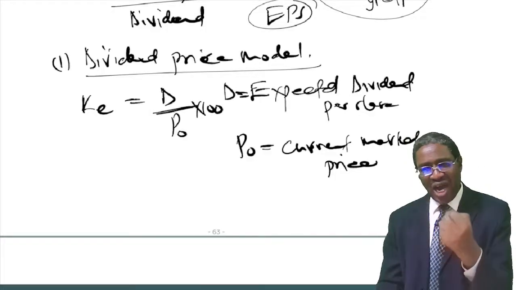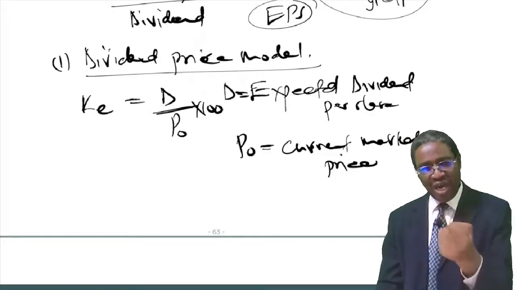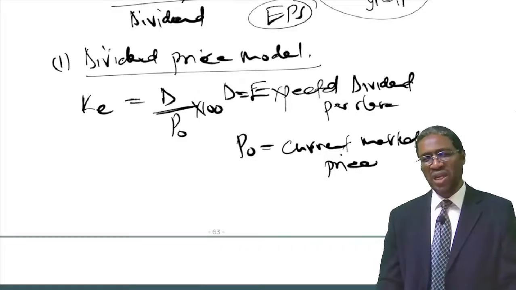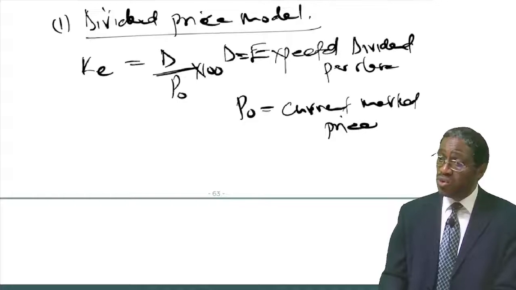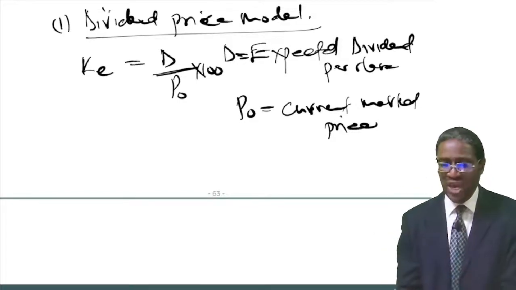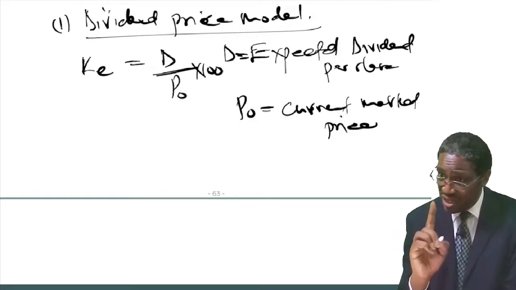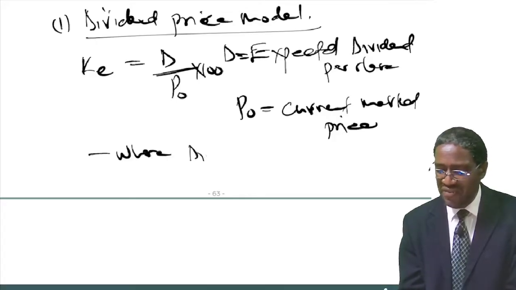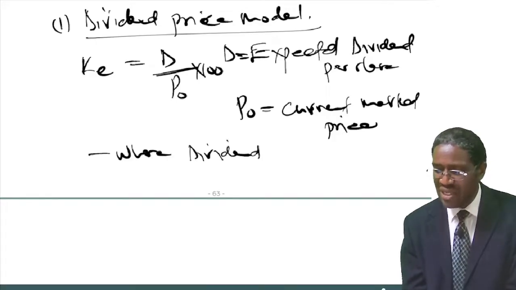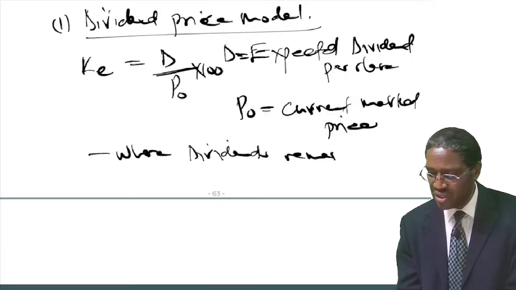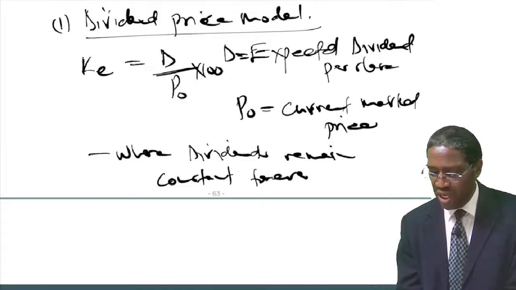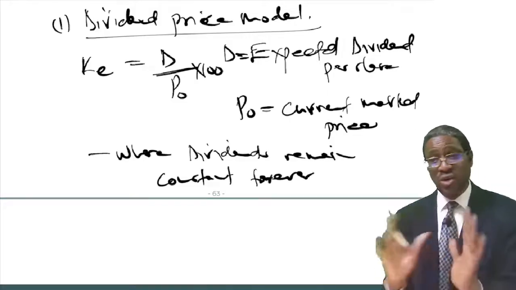The formula I've used here, called the dividend price model, is normally used where dividends remain constant forever.